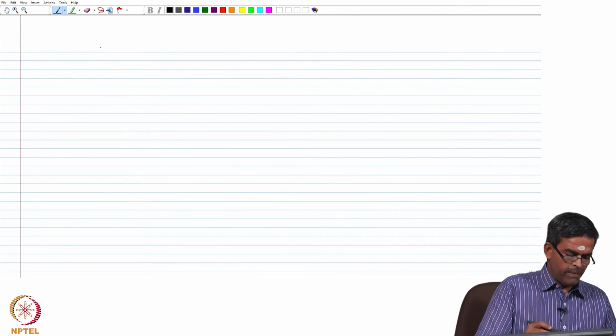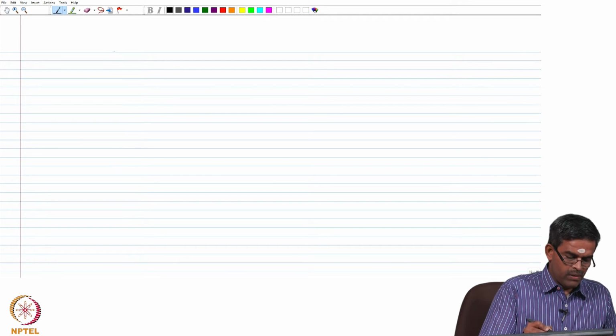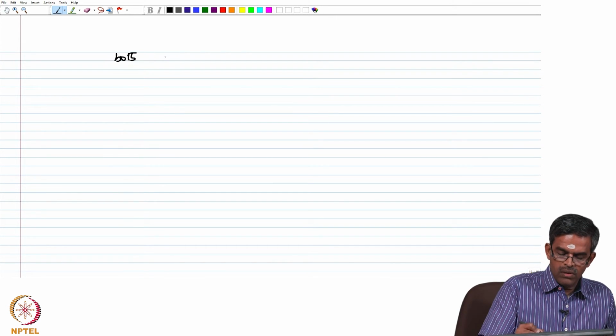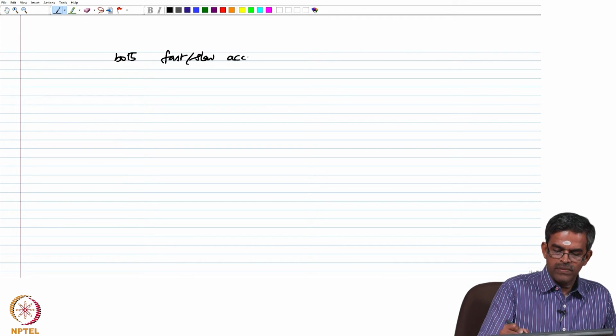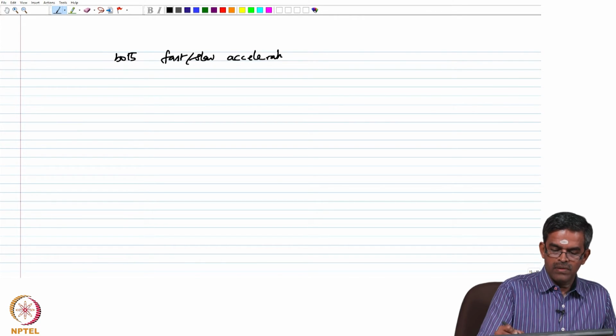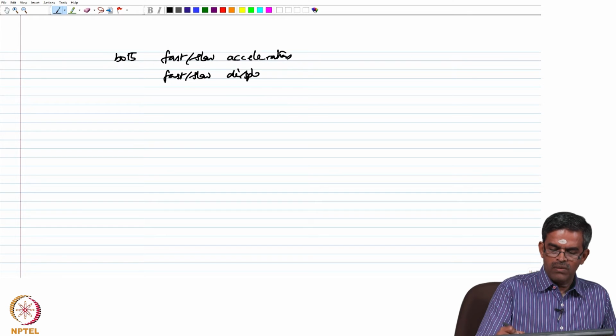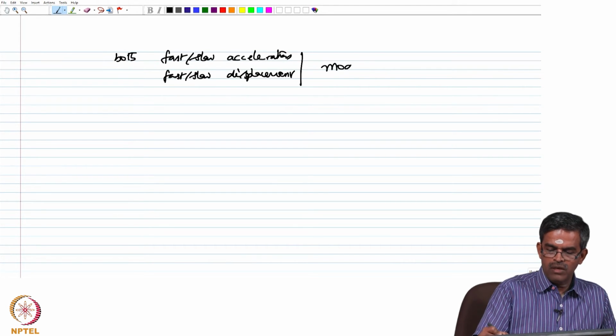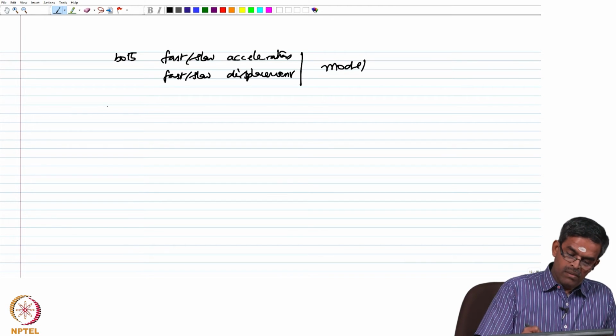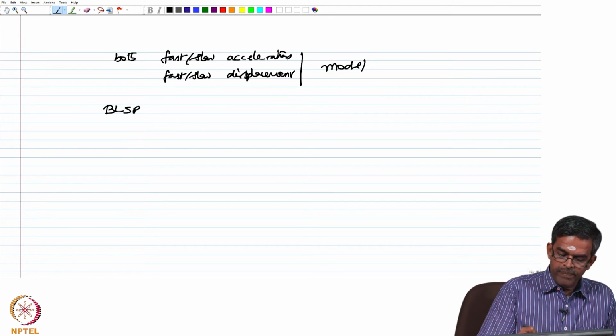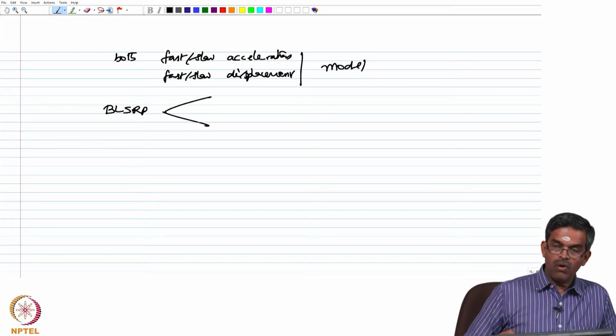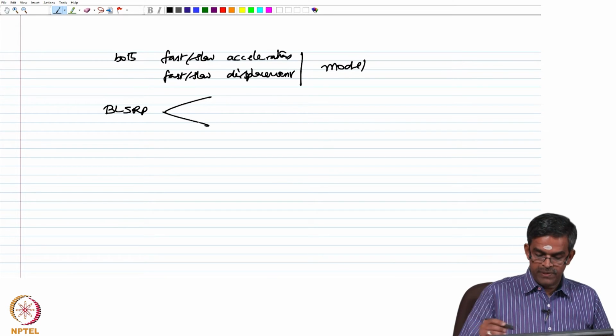Interestingly, both fast and slow accelerations, fast and slow displacements will occur in the model. I will tell you why. BSLRP has two broad bands of frequency or periods.